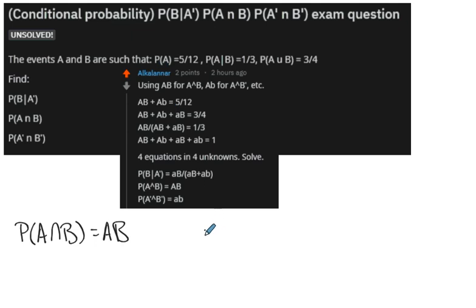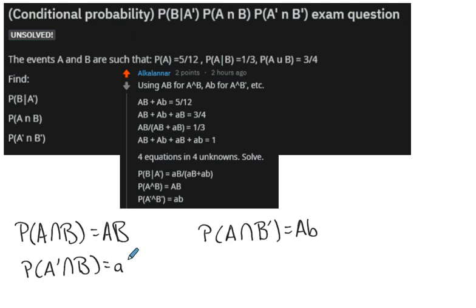Capital A lowercase b is the probability of A happening and B not happening, and you write it as AB. Then lowercase a, capital B is the probability of A not happening and B happening. And then both being lowercase is the probability of A not happening and B not happening.